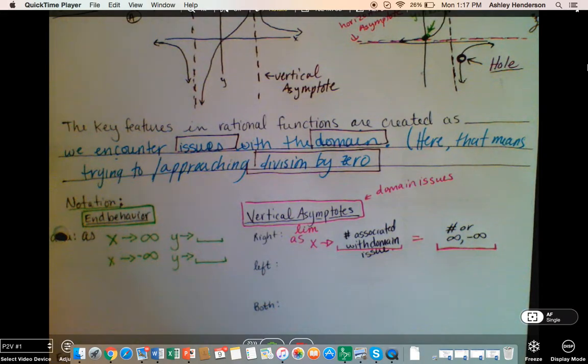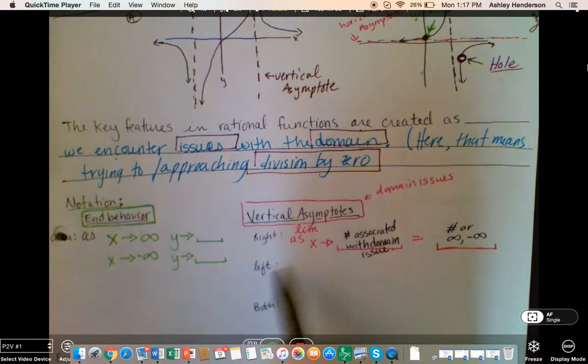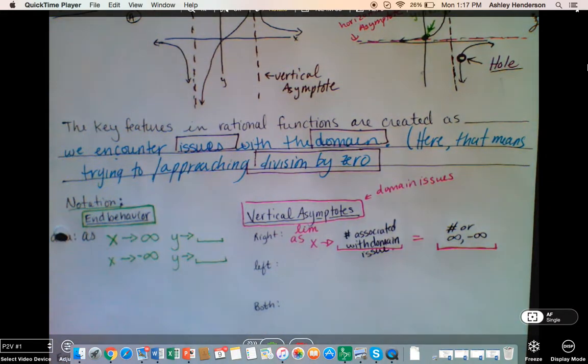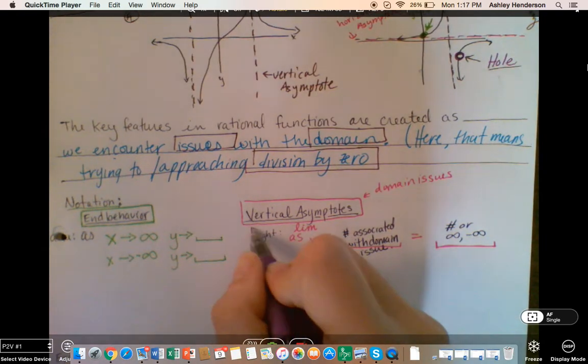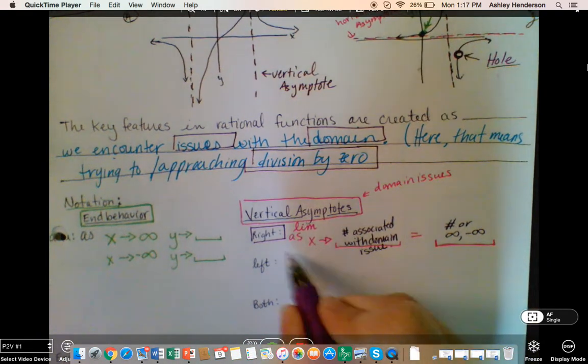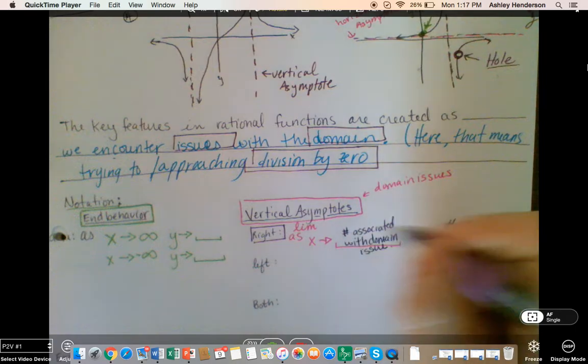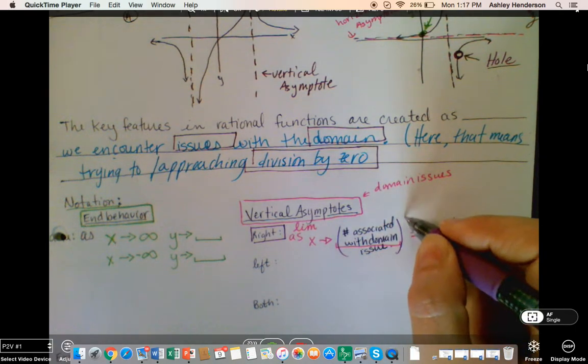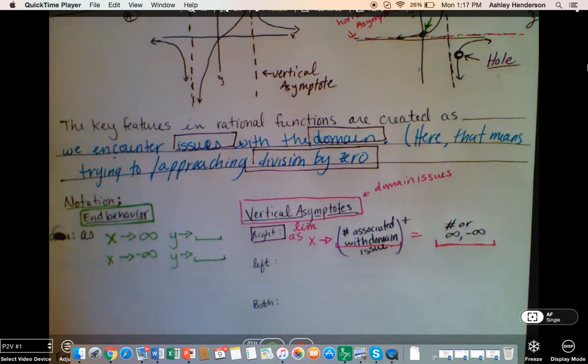Okay? And then because this one right here is associated with the right, we're going to say as x approaches this number, we put a little plus sign. That means from the right.